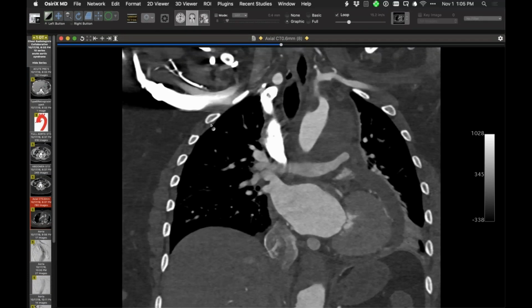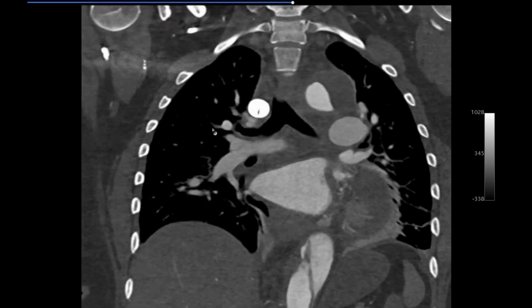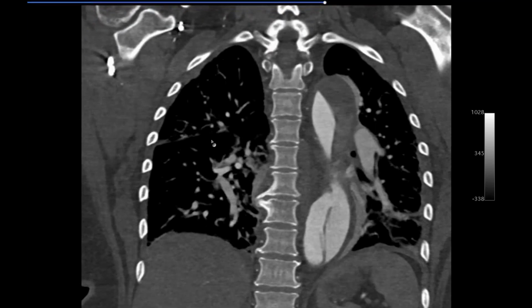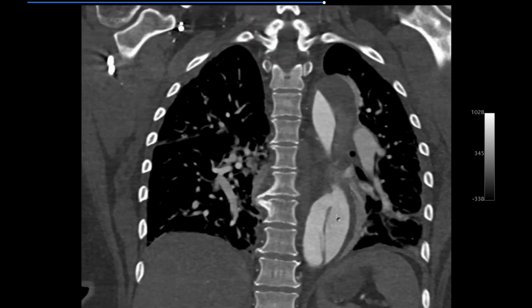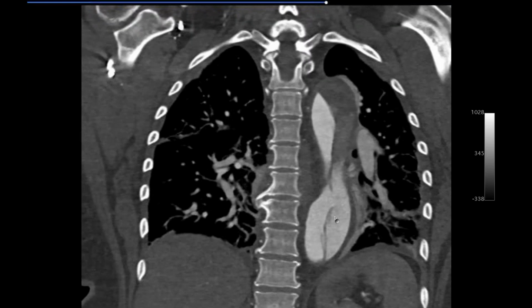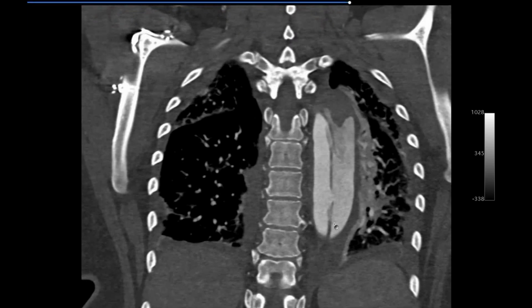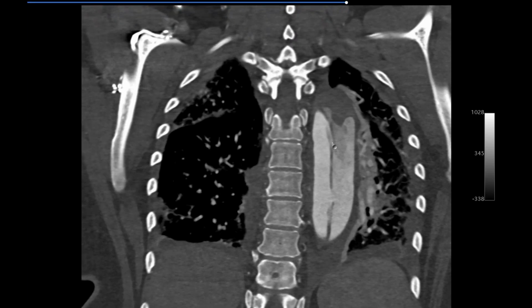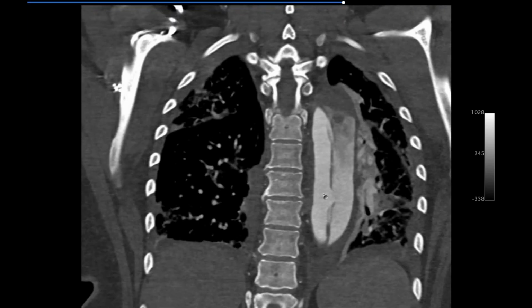Go to full screen. And we can see that there is a communication between the true and false lumens in two places. Here is a relatively large one, but if we go and look some more, we can see that there is an additional tear and communication right here in distal aortic arch, right there.